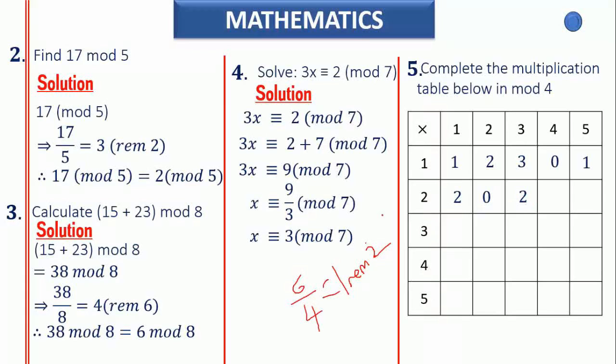Okay, 2 times 4, what does it give you? 8. That's 8 divided by 4, that's 2, remainder 0. So that's why we have 0 there. And the same thing goes for the last one. 5 multiplied by 2, so you have a 10.